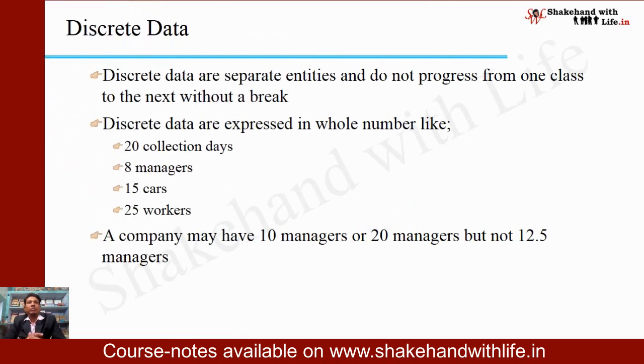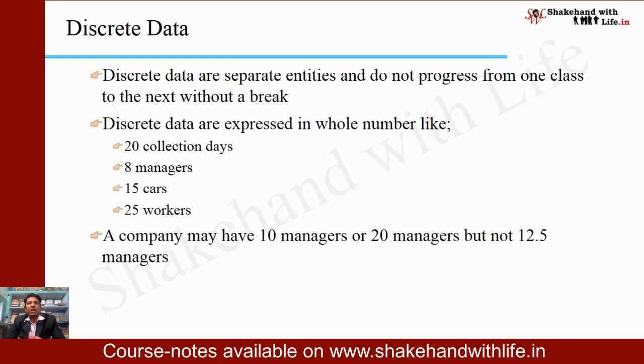Now discrete data. Discrete data are separate entities and do not progress from one class to next without a break. So discrete data are the separate kind of data. Discrete data are expressed in whole numbers like 20 collection days, 8 managers, 15 cars, 25 workers.